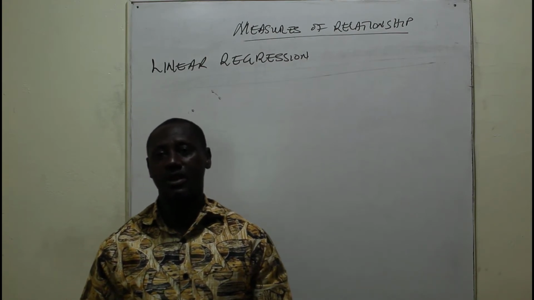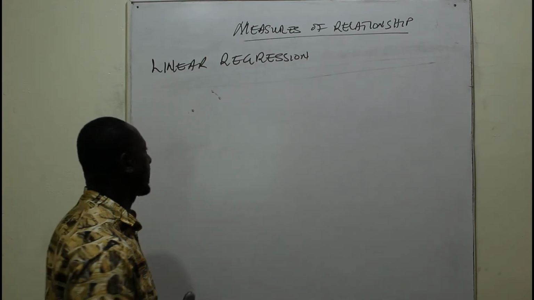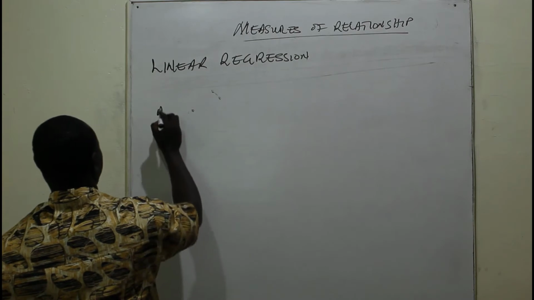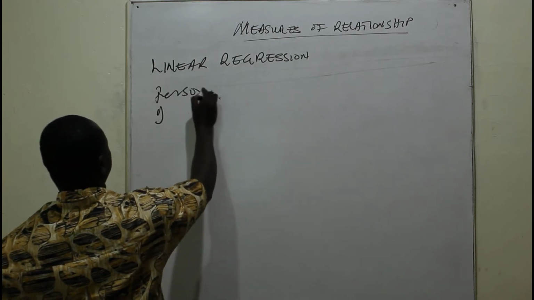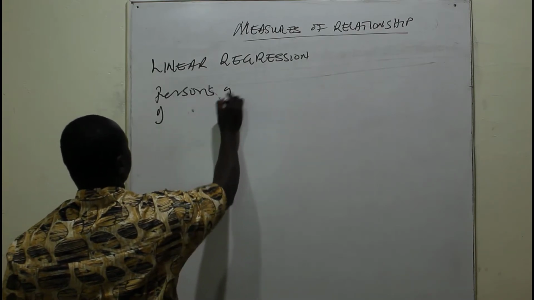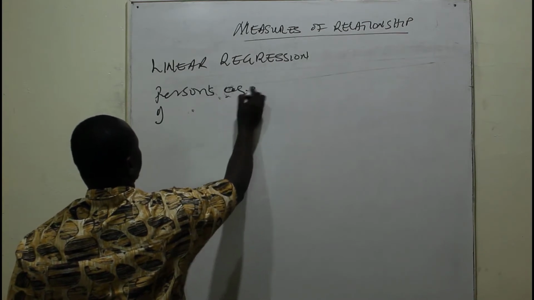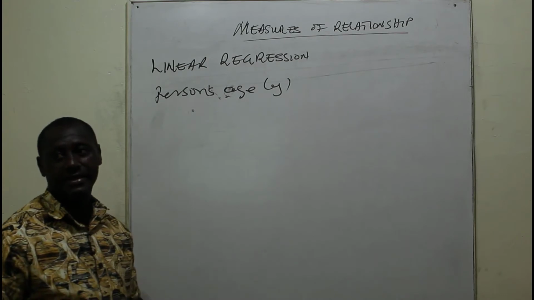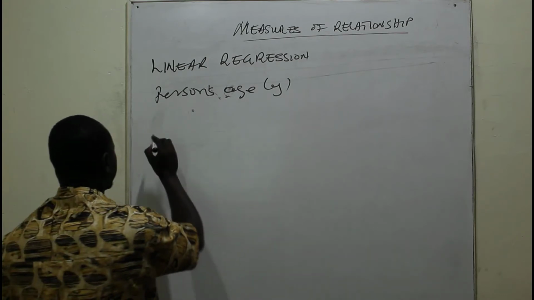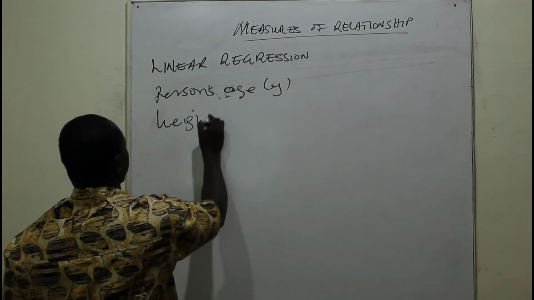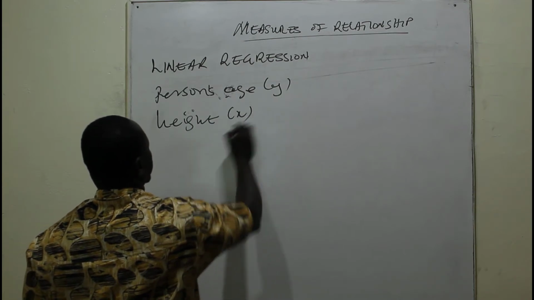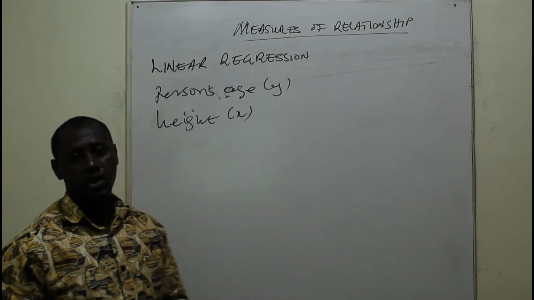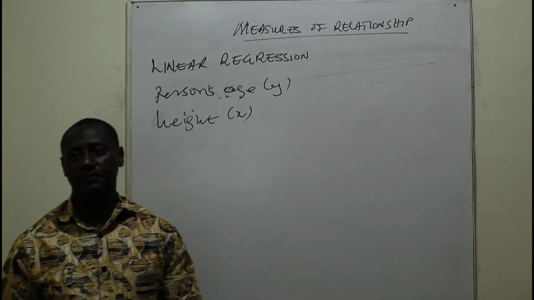So we can denote the person's age by Y, and then the height of that person by X. Okay, so these are the two variables we have here.